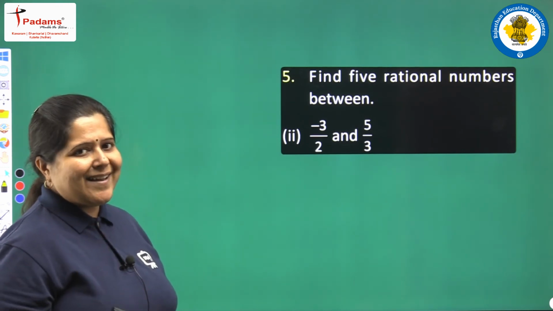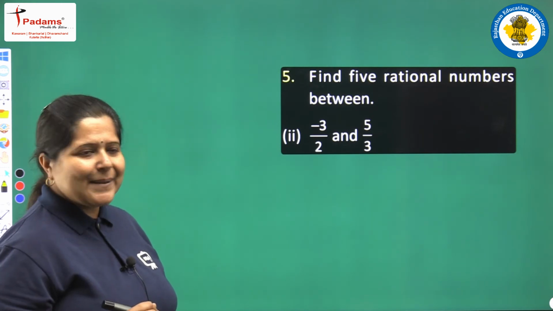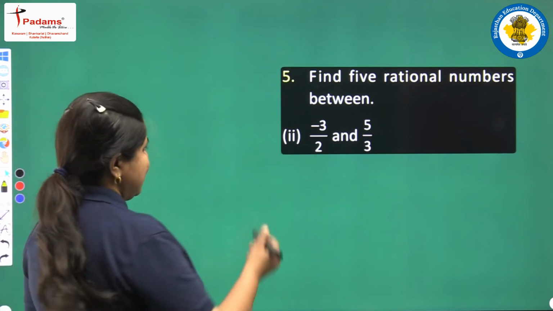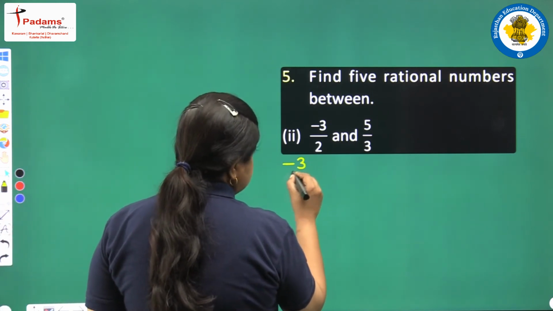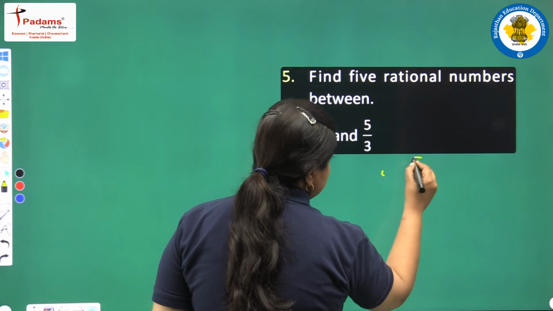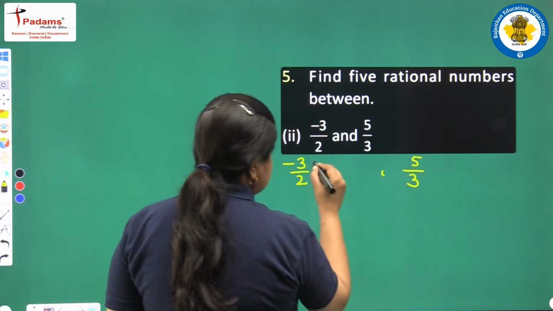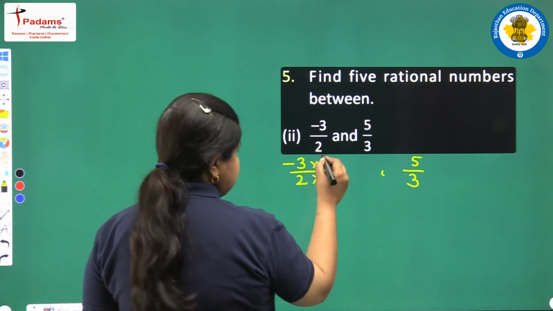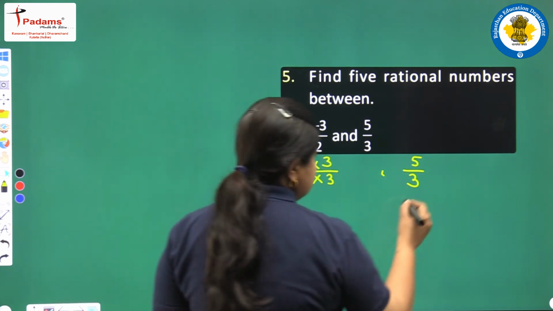Again the denominators are different. Let us make them same. Take the LCM of 2 and 3, it will be 6. We write the numbers minus 3 by 2 and here 5 by 3. Multiply this by 3, 3 2s are 6, then in numerator also by 3.